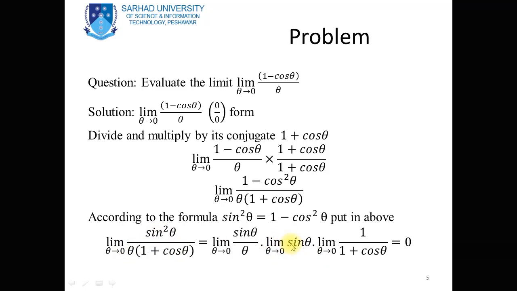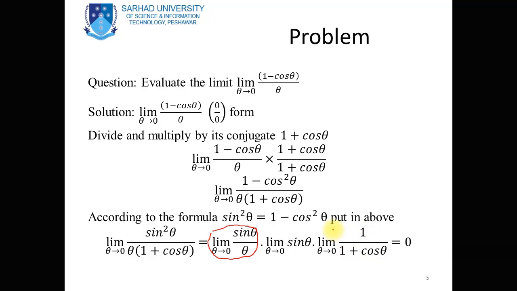Limit theta tends to 0, sine theta, and this term will be 1 over 1 plus cos theta, and for this term the limit is limit theta tends to 0. Now if we put the limit, this whole expression will be equal to 1 by using the theorem. This term will be equal to 1, and after putting the limit in this term, cos 0 is equal to 1.